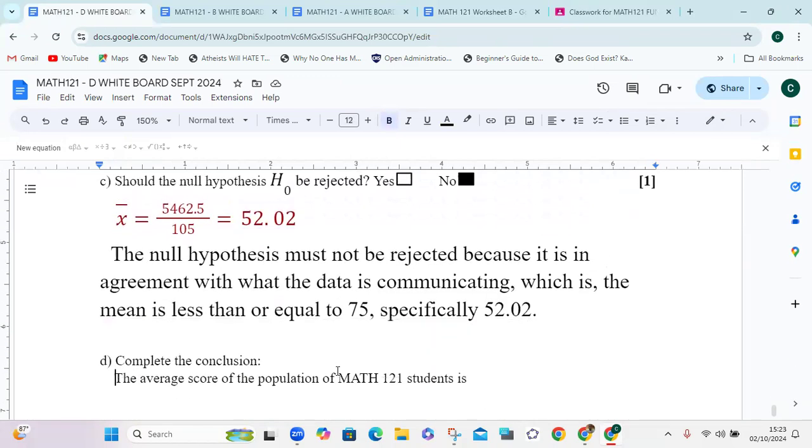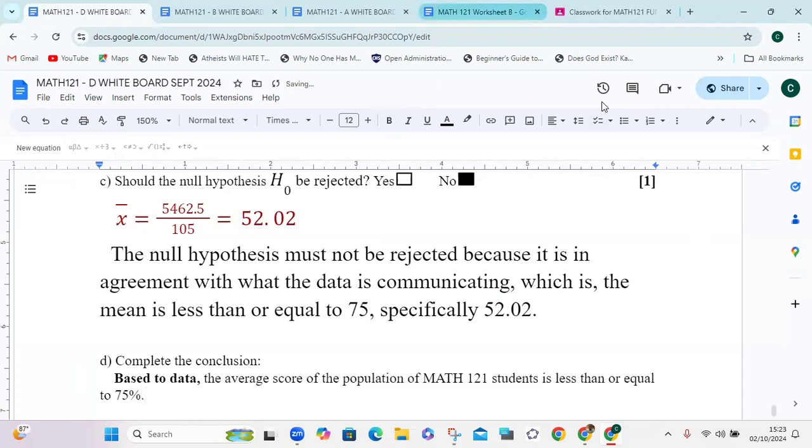So therefore, we have to begin by saying, based on the data, the population mean, or the average score of the population of Math 121 students, is less than or equal to 75%.